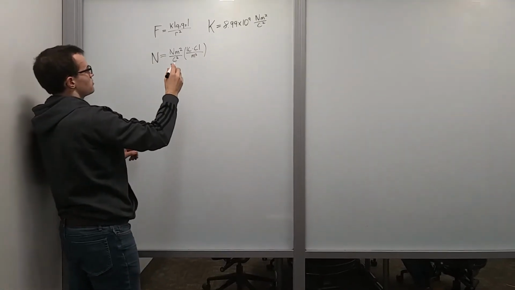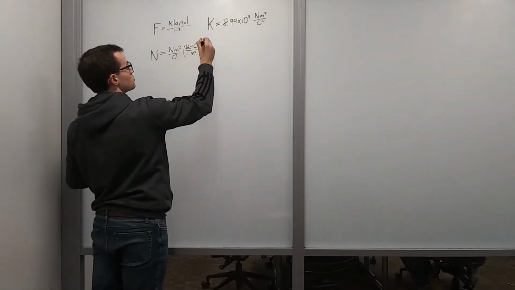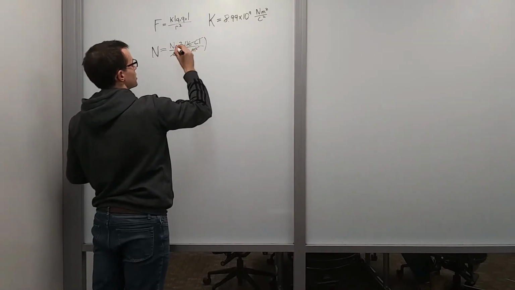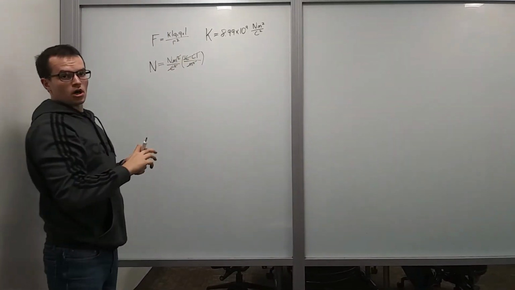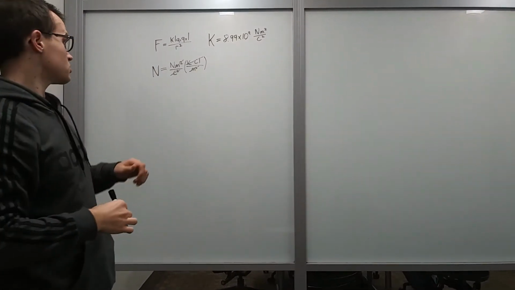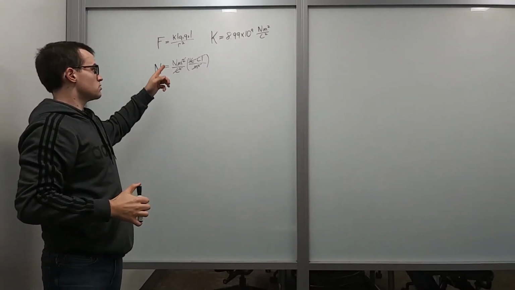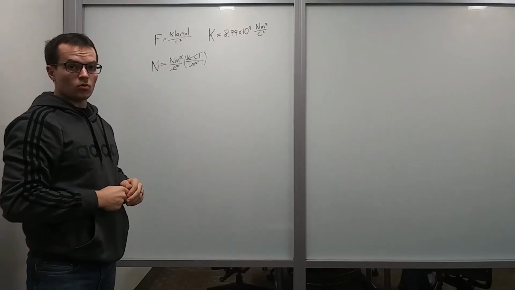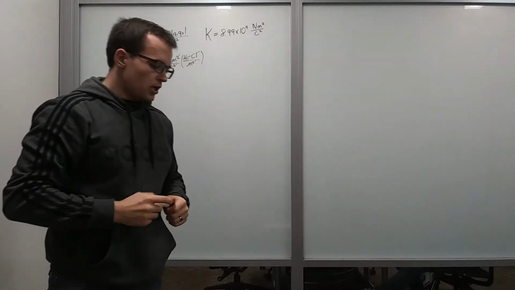And we should cancel out to newtons, which we do. Coulombs cancel, meters cancel, and we get newtons on both sides. That's what we're aiming for. Make sure that you are using coulombs and meters whenever you're calculating this.